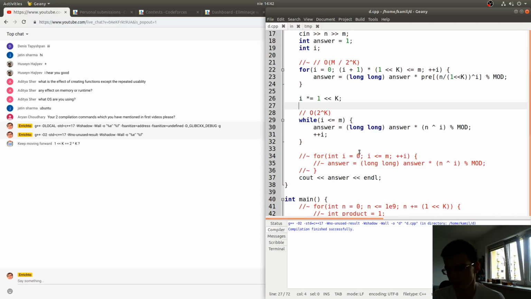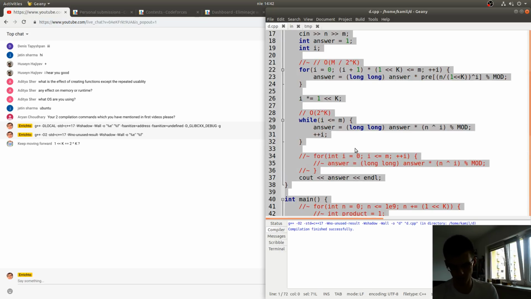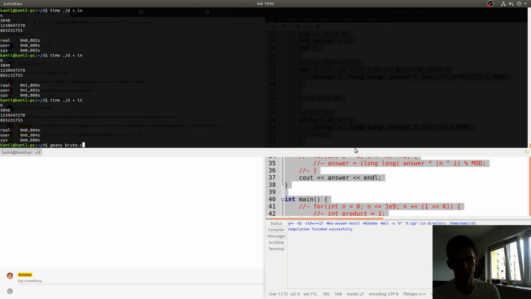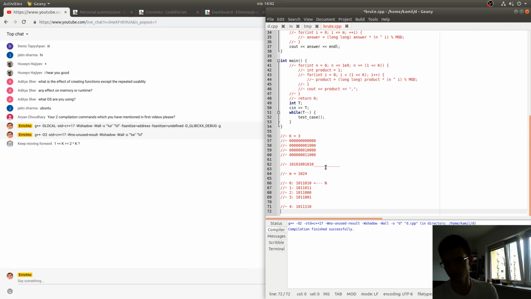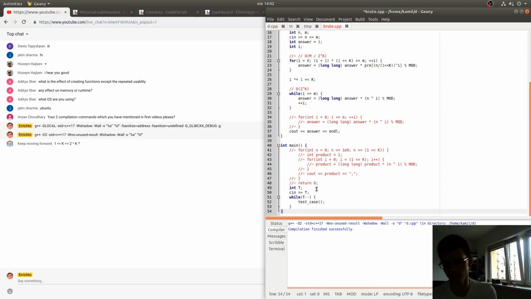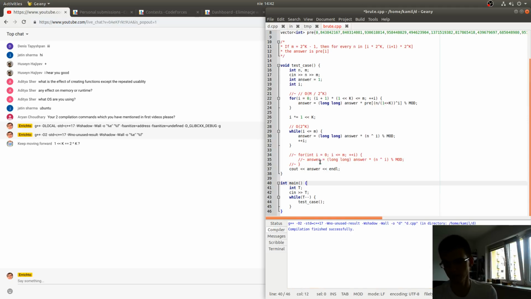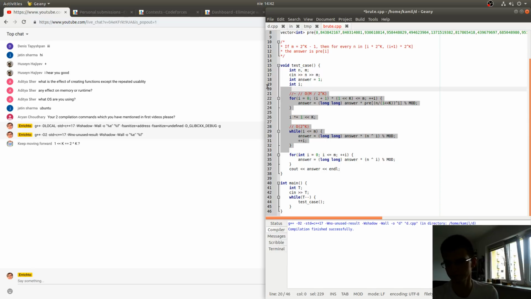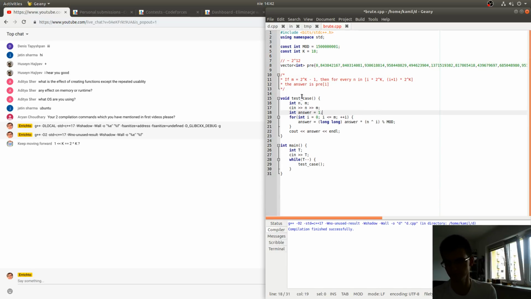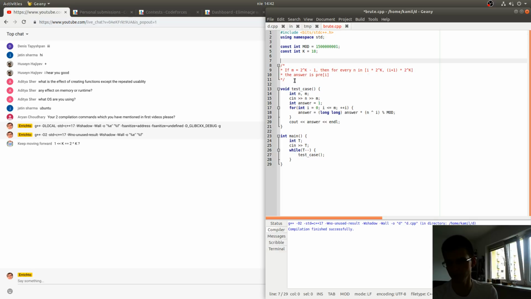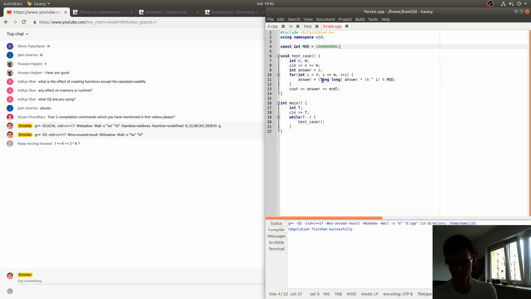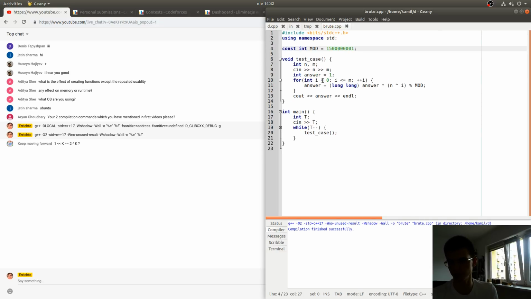What we can do, because we have a brute force solution which was very easy to write, is create a new file for that, so as not to comment things out and get back to them every time. I can leave the slow part here and remove the pre-processed values. So this is the brute force solution.